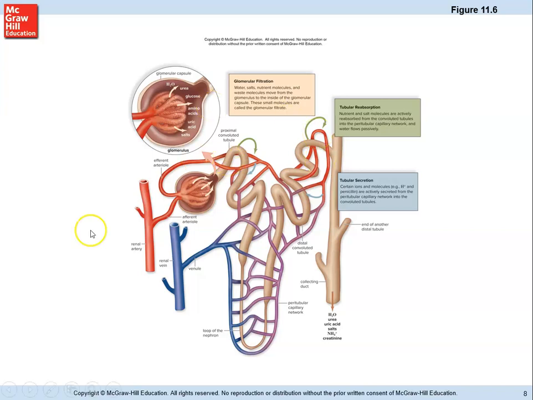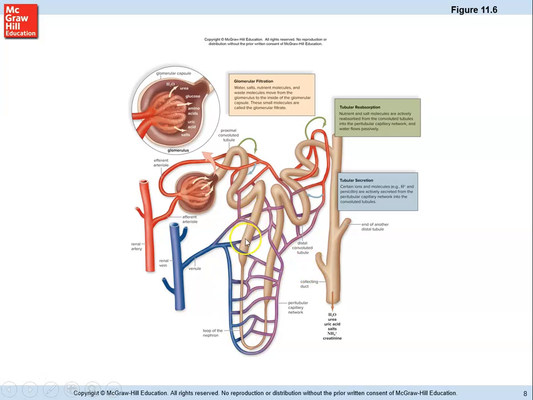From the proximal convoluted tubule, whatever's left, so again, we took out all those different things. Whatever's left goes into the descending loop here, the part of the nephron loop that's actually going down. And this part, again, is in the medulla. So up here, we had these upper structures in the cortex, and then down here, these structures are in the medulla of the kidney.